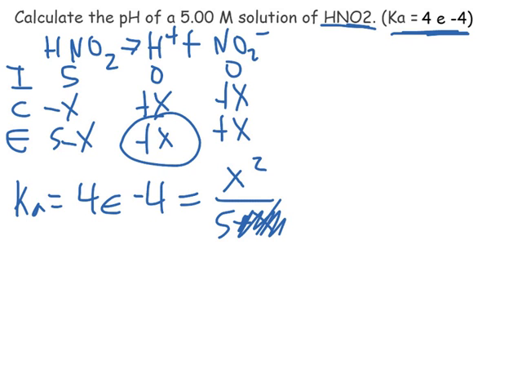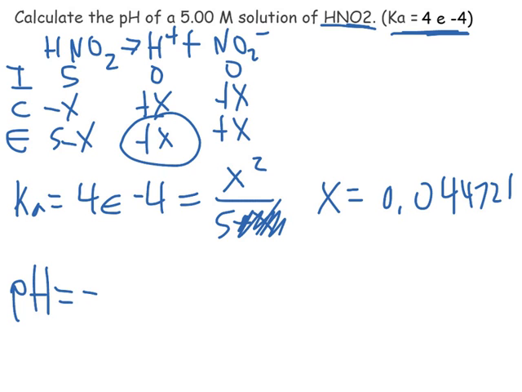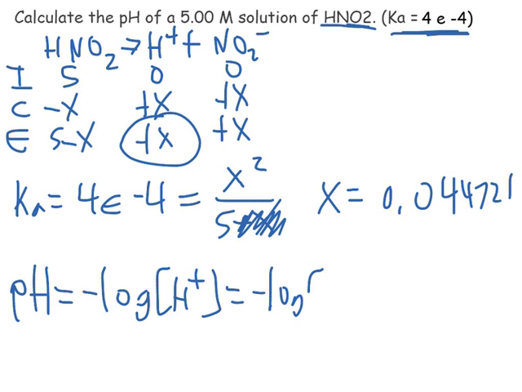Okay, so yeah, I got x is equal to 0.044721. Now we just have to find the pH using the pH formula. So that's negative log of H plus, negative log of that number, and then we're good.